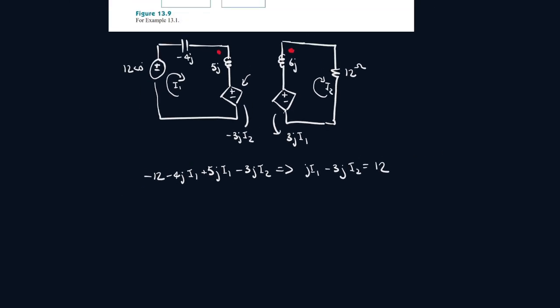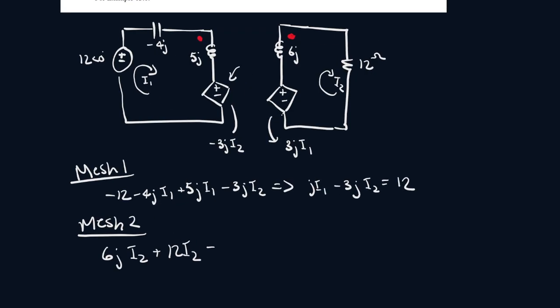Now for the other circuit, let me write here mesh 1. For mesh 2, it's going to be 6j I2 plus 12 I2 minus 3j I1, because it's entering from the negative port here, but then we multiply it by this value.